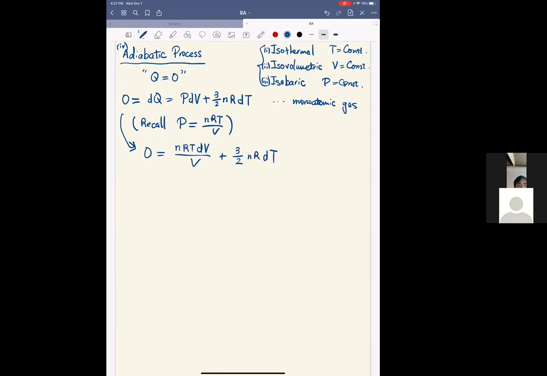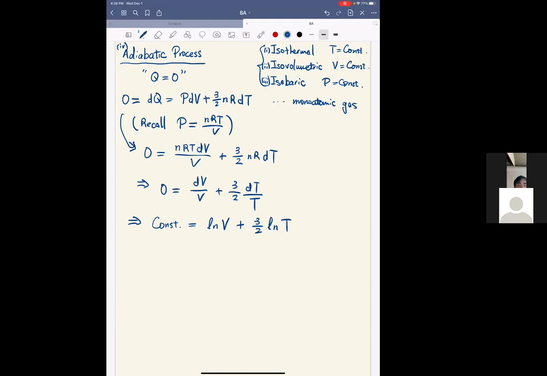And we can divide both sides by nRT, and we get 0 equals to dV over V plus 3/2 dT over T. And we can just integrate, and then we obtain that some constant, which is essentially the integral constant, equals ln V plus 3/2 ln T.